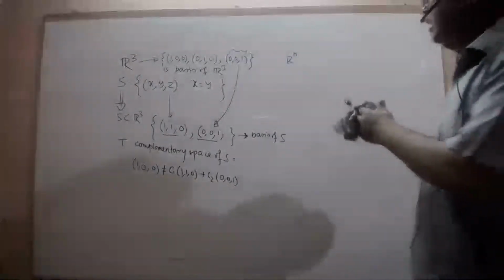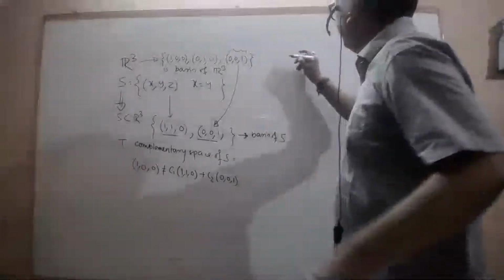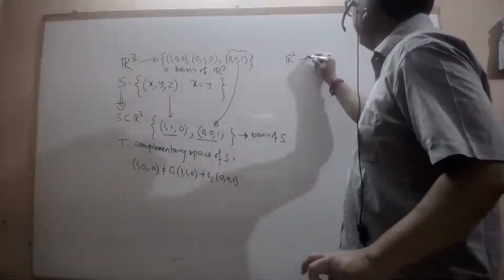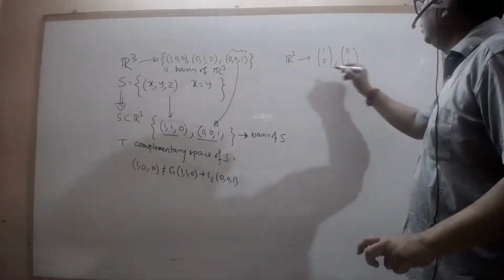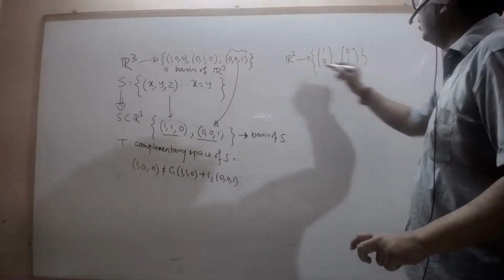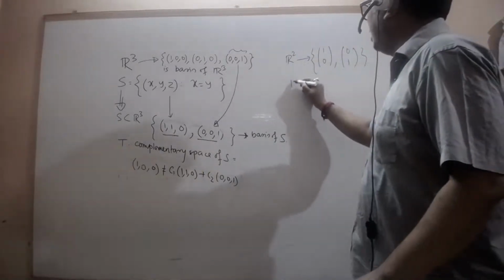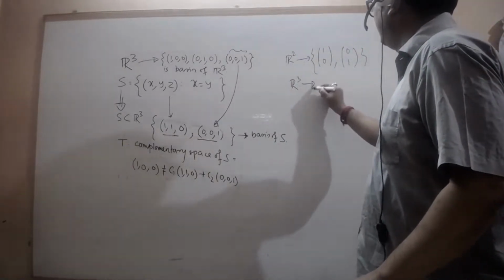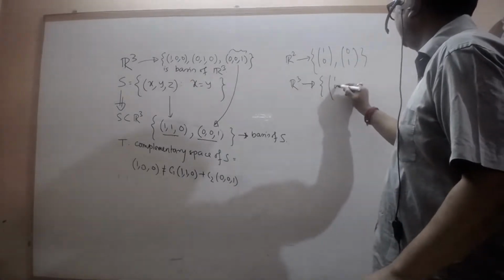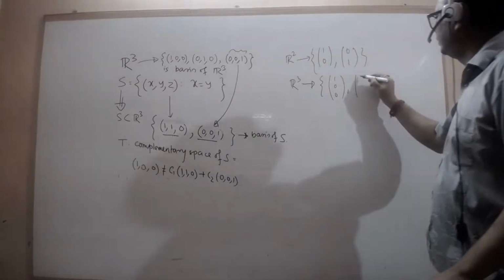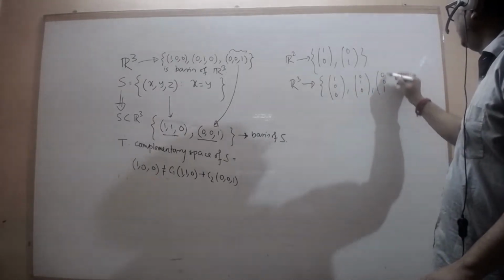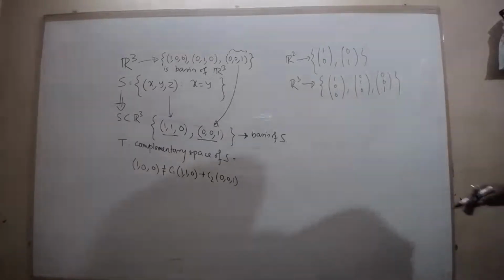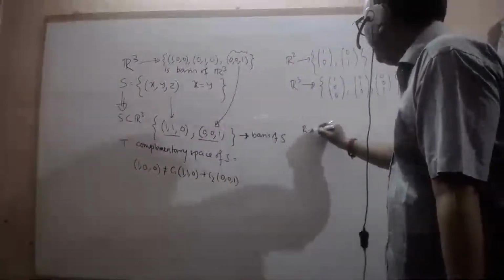For example, if you take R square, axial points are 10 and 01. So this is the canonical basis for R square. For R cube, this is the canonical basis for R cube, and Rn.